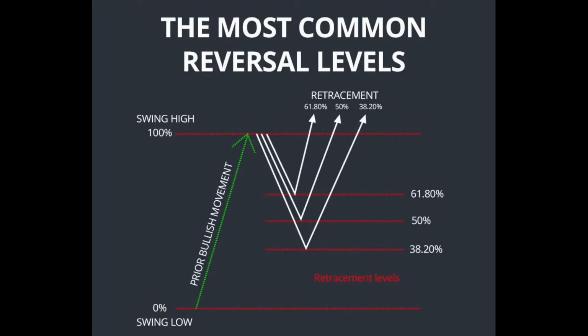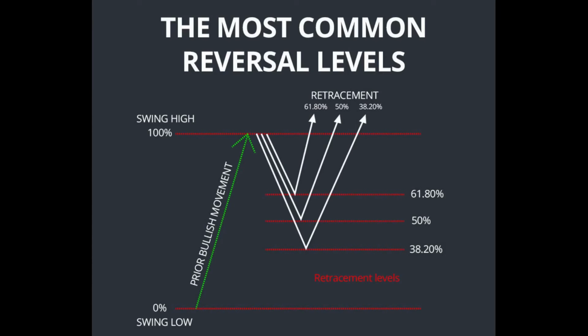Traders use these levels to identify potential support and resistance zones during retracements, which are temporary pullbacks within a larger trend. For example, let's say the price of a stock has been in a strong uptrend, and then it starts to pull back. Traders will often look to the Fibonacci retracement levels to see where the pullback might stop and reverse back to the upside.